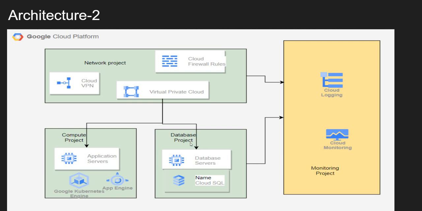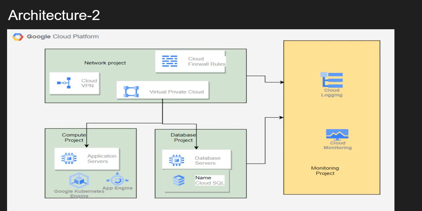Now, similarly for database as well, I will create a separate project for database, and there I will create the virtual machine for database, or I'll create my Spanner instance, or I'll create my Cloud SQL instance. And again, I'll create one separate project for monitoring. So all these projects will send logs through the log router for logging and monitoring into this separate monitoring project.